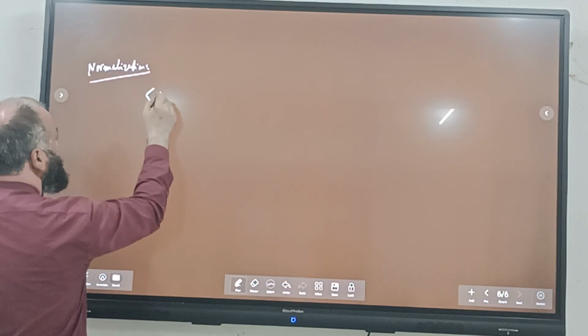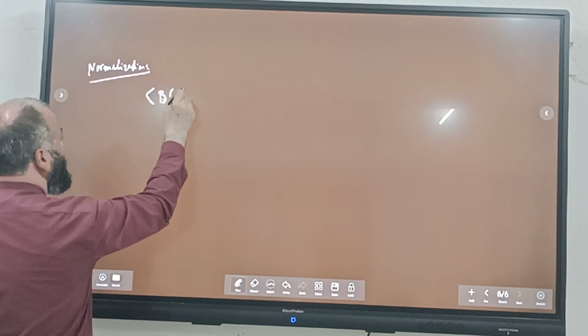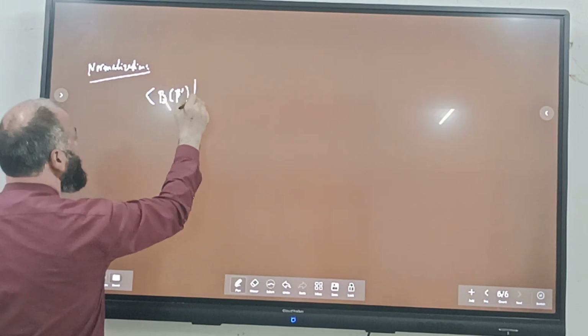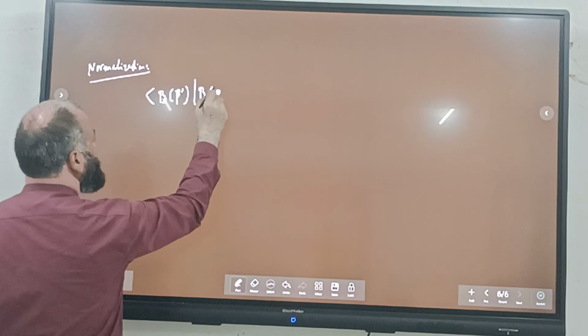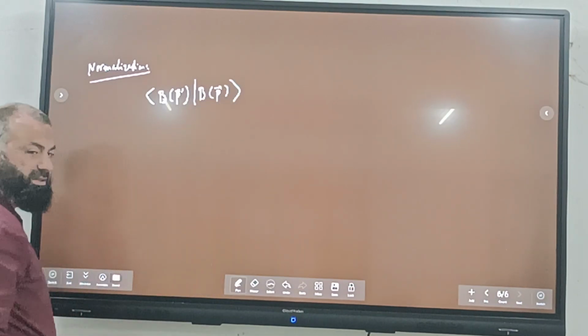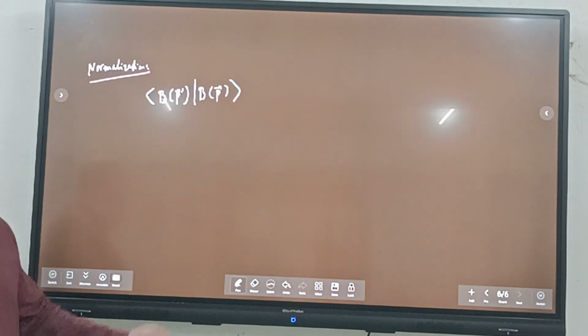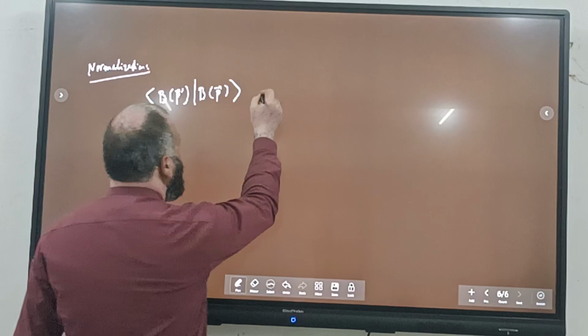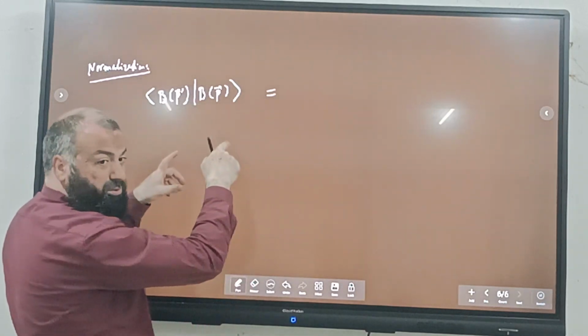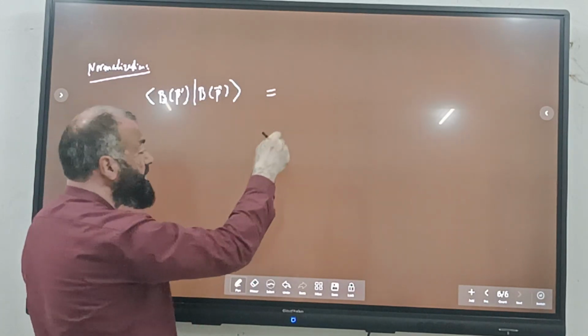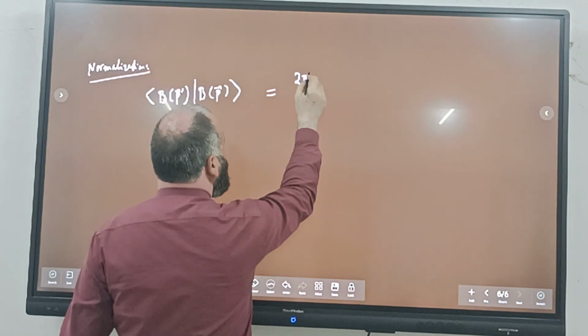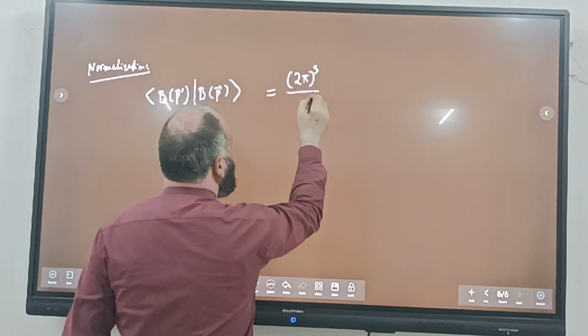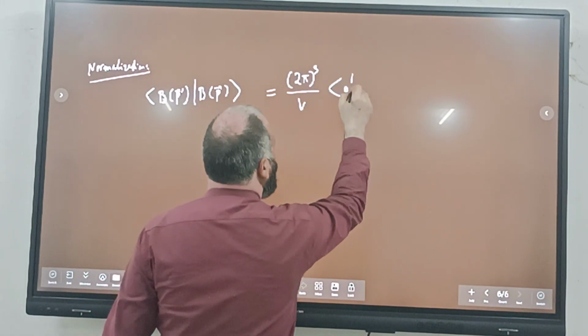So I now have this B of P prime and B of P. So that means the normalization of these scalar particles. Let's try to check it. You have root of 2 pi q by V in front, 2 pi q divided by V, so it is 0.